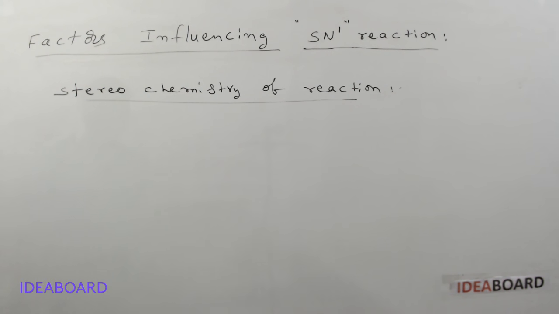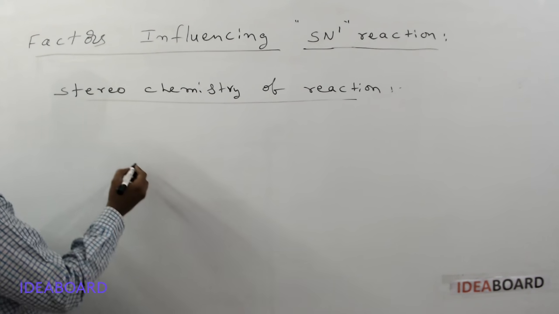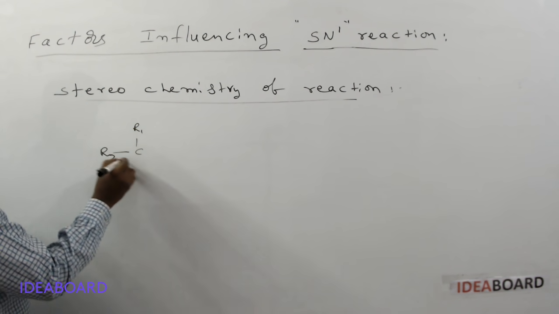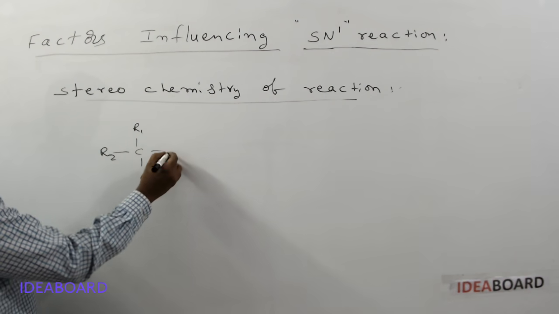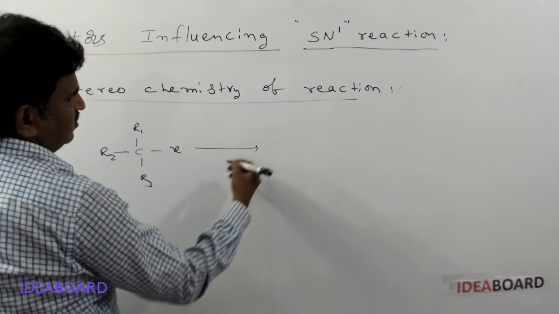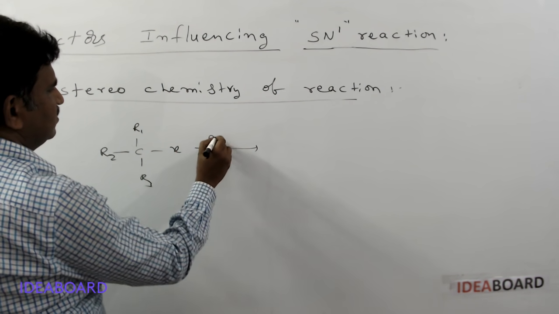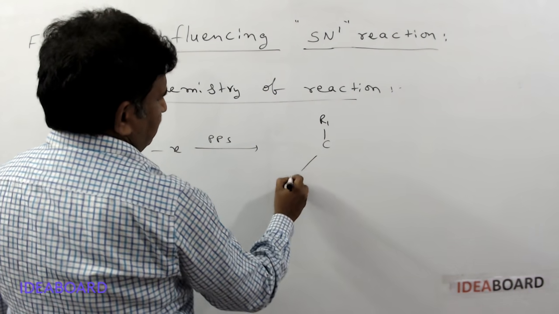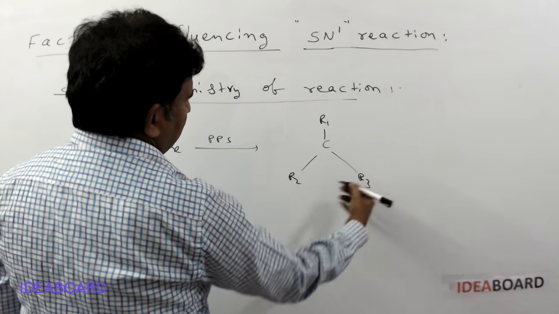The next influencing factor: stereochemistry of the reaction. Here in the SN1 reaction, what is happening? R1, R2, R3 and halogen is taken, and in the presence of a polar protic solvent, it first forms the carbocation R1, R2 and R3.